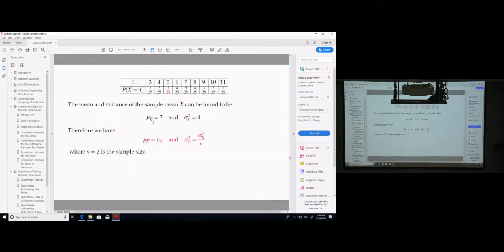We will come to this a bit later. It is a general result: the mean of the sample mean is equal to the population mean, and the variance of the sample mean is n-fold less than the variance of the population.